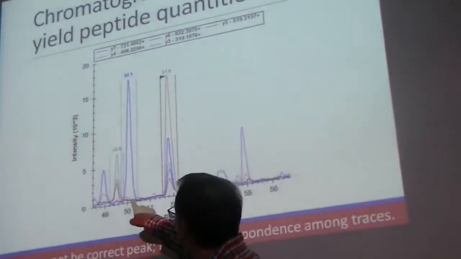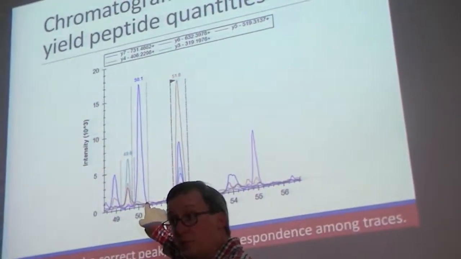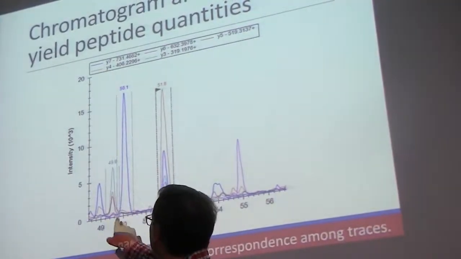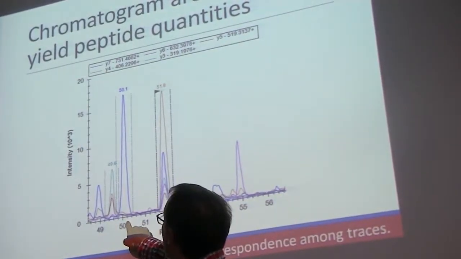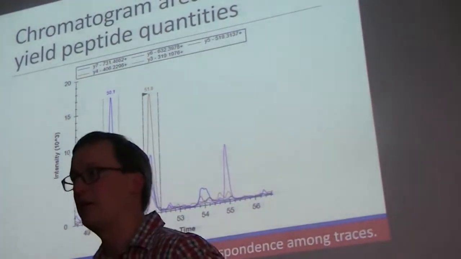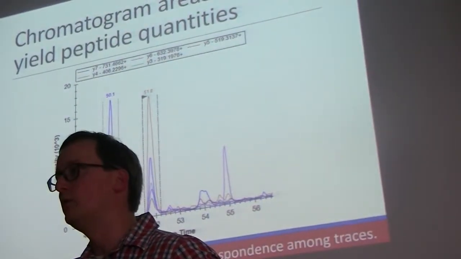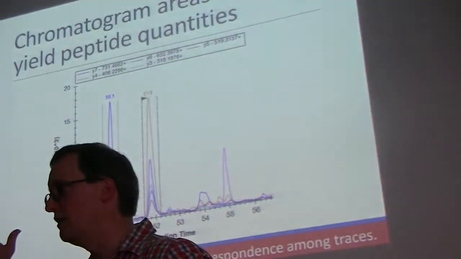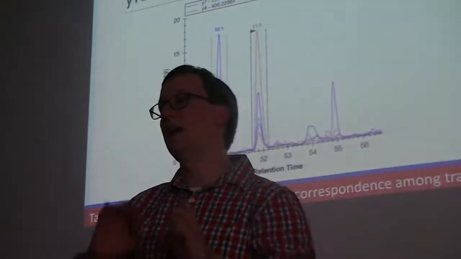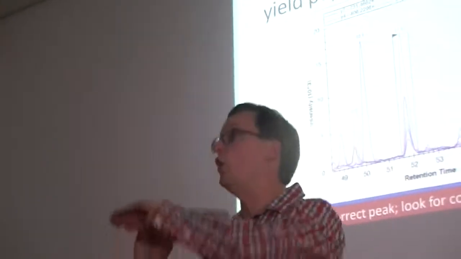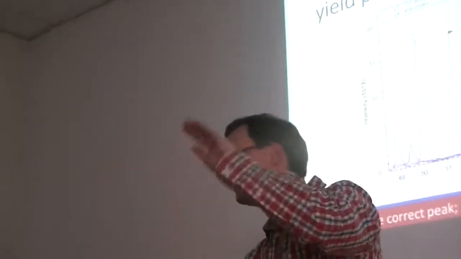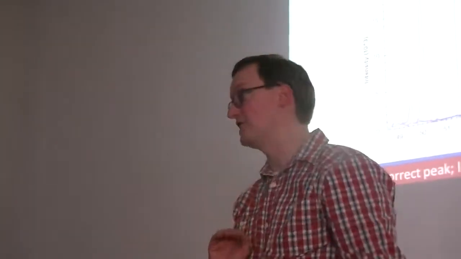If you were only paying attention to the blue trace here, you might say to yourself, my goodness, look at that massive trace. Certainly this peptide comes off at about 50.1 minutes. You'd feel really great about that. But wait, remember that this peptide comes off the column at some characteristic time, and that is the time at which all of the chromatography peaks should rise and fall together.